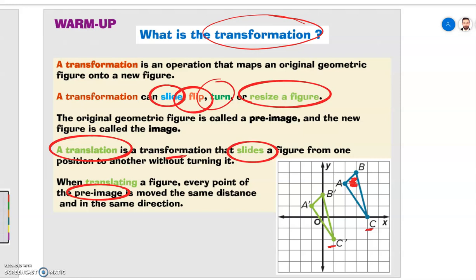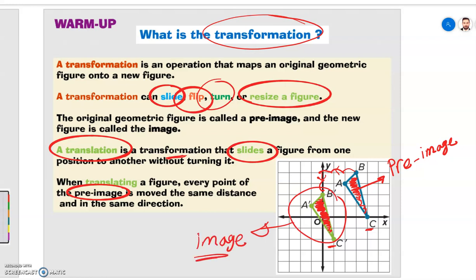This original figure is the pre-image. And the figure after translating it left and down is called the image. So we have pre-image and image.